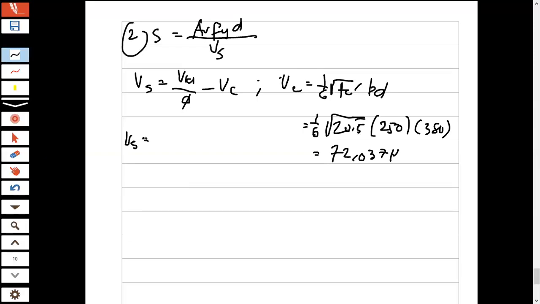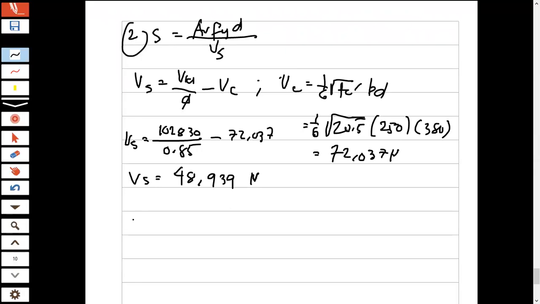VU, meron na tayo, so we can compute VS. VU na-compute natin kanina, which is 102,830 divided by 0.85 minus VC na 72,037 Newton. So therefore, VS is 48,939 Newton.